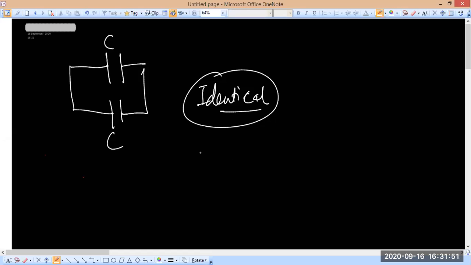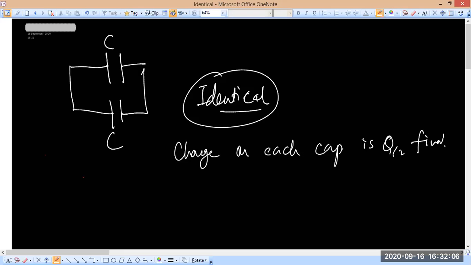Is that okay? So because they are identical, you could say that charge on each capacitor is q by 2 and q by 2, or charge on both capacitor is q by 2 finally. Is that okay? Right? So this is actually a very easy way.